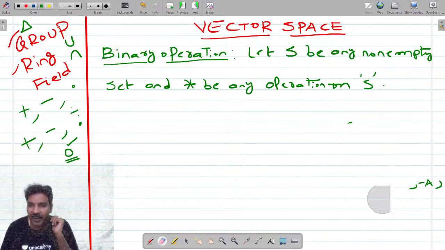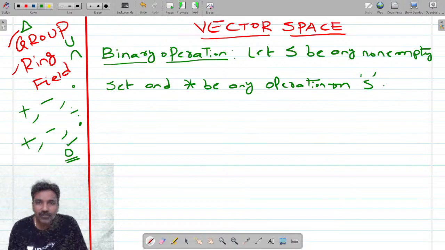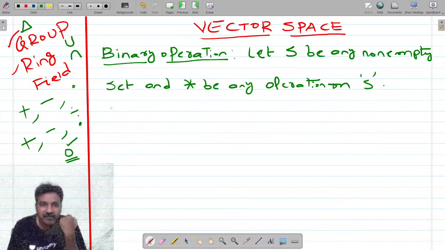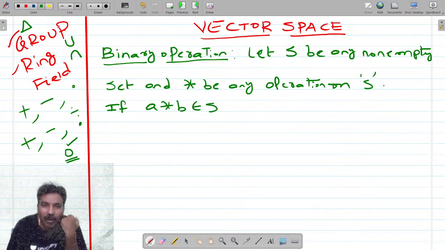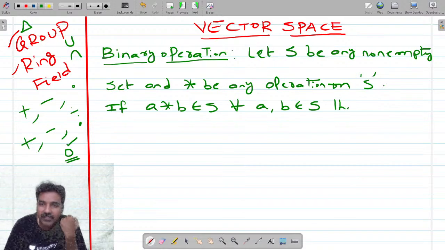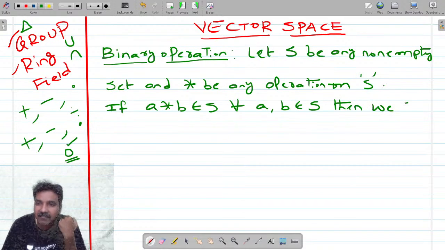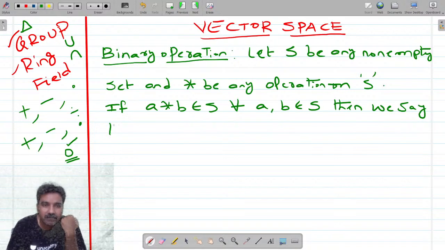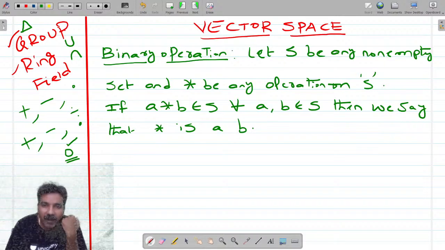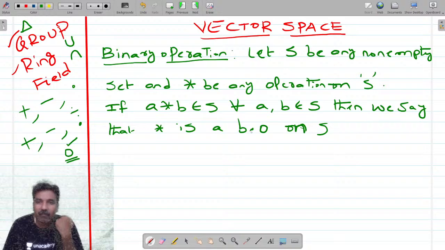Now let us define this binary operation. This is the starting definition to go for group. So S be any non-empty set and star be any operation. If A star B belongs to S, for all A comma B belonging to S, then we say that star is a binary operation on S. Here the word B stands for binary operation.